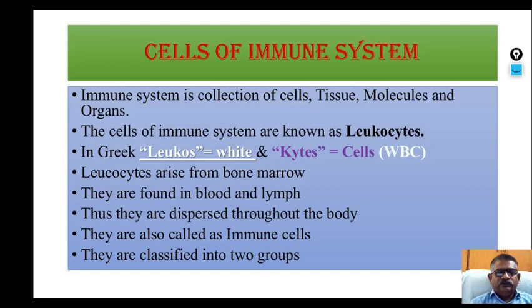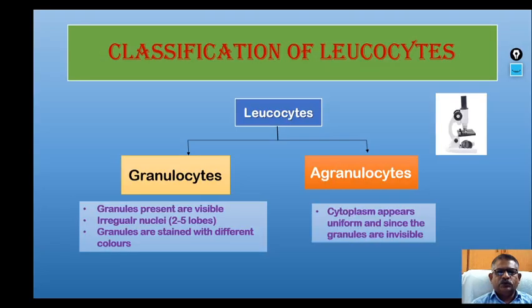They are found both in blood circulation and lymph, and hence are dispersed throughout the body, playing a very important role in immune response, and hence are referred to as immune cells. They are classified into two groups as granulocytes and agranulocytes.